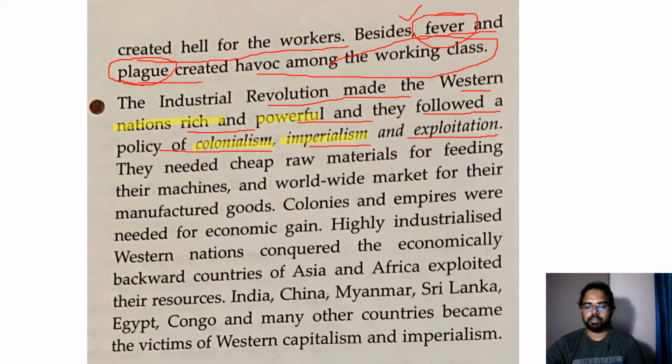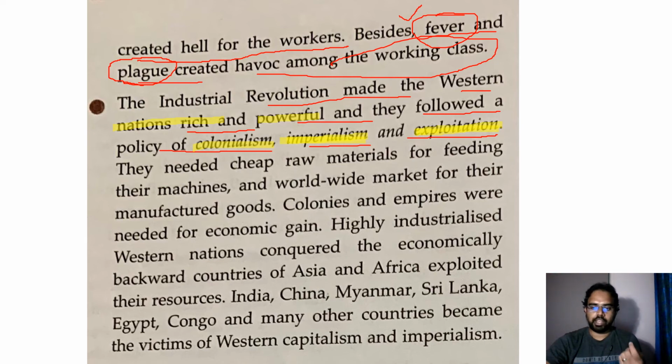Imperialism means having a mindset to control all other nations' resources. And exploitation: once they make a place their colony through imperialism, that is the attitude of controlling other places, they started exploiting the resources of those countries.